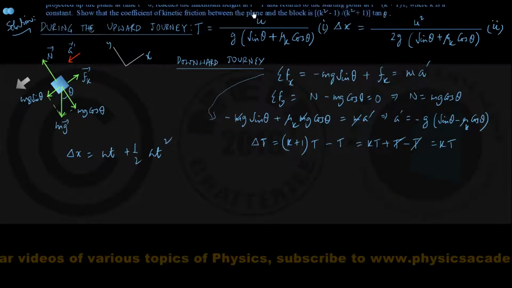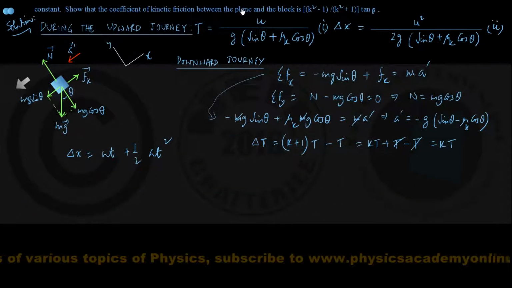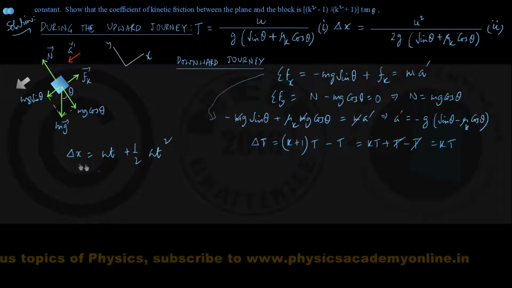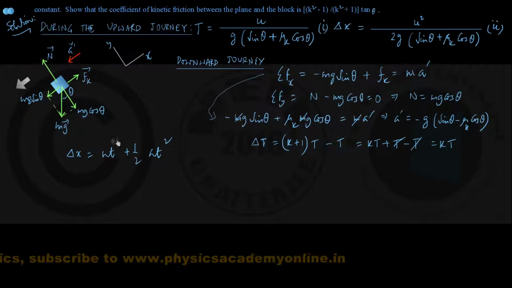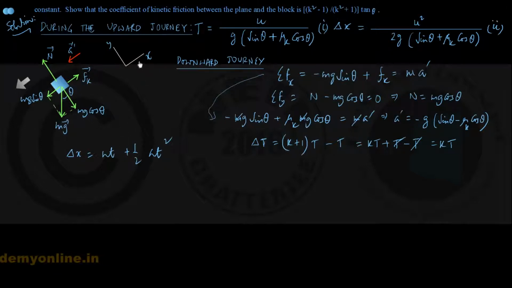Let me put the question back in the previous position, and we are going to apply this kinematic equation here. Now, during the downward journey, as the block returns to the very initial point of projection, the displacement has the same magnitude as this given by equation number 2. But this time, the block is traveling downward, and that is, according to my sign convention, negative direction.